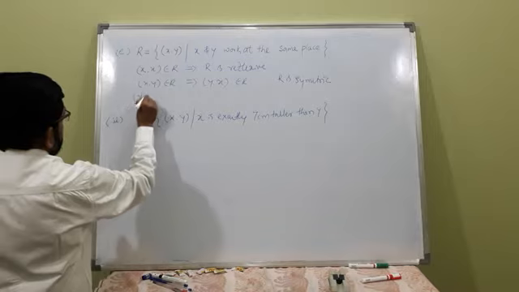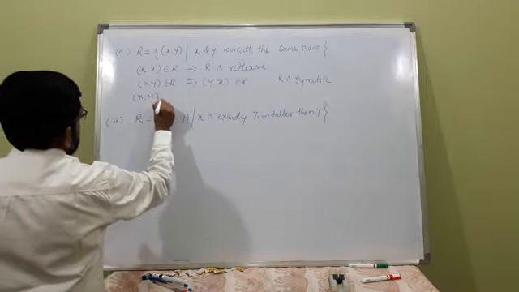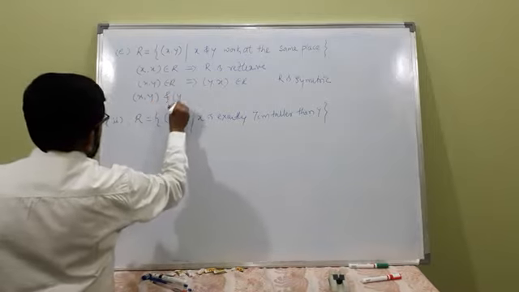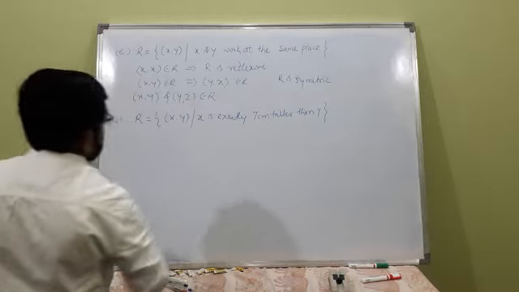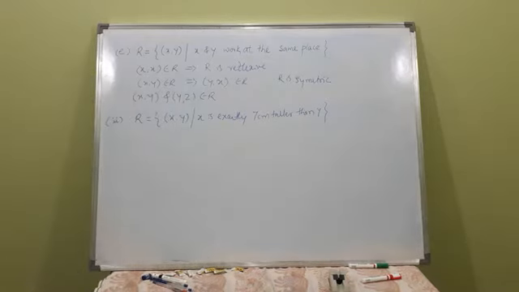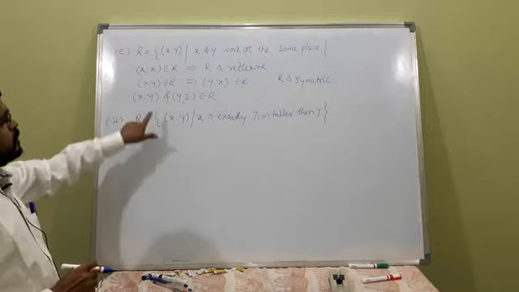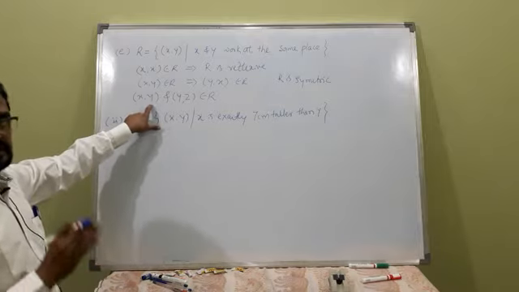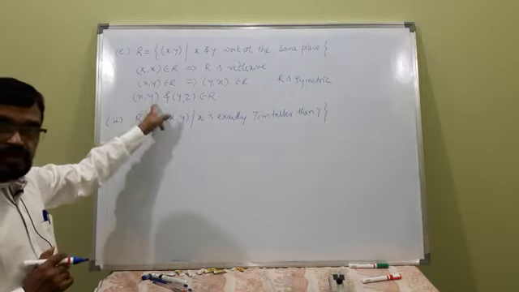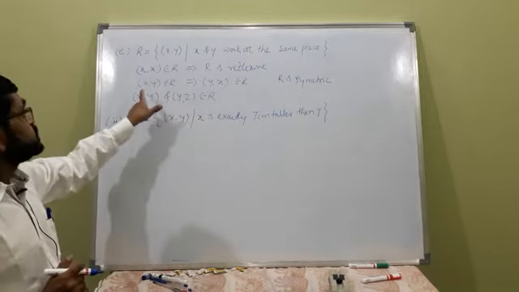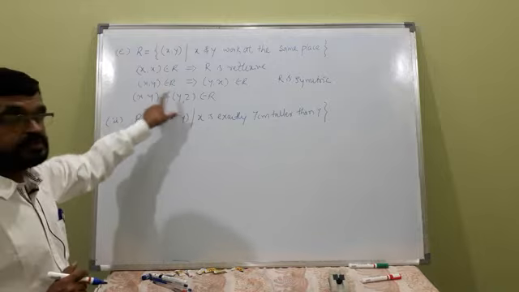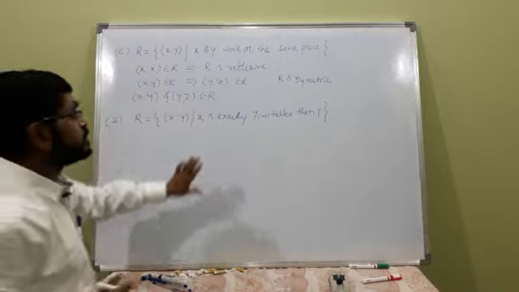(x, y) belongs to R and (y, z). (x, y) and (y, z) are the elements of relation R. If x and y work in one place, and y and z work in the same place, then x and z should also work in the same place only.